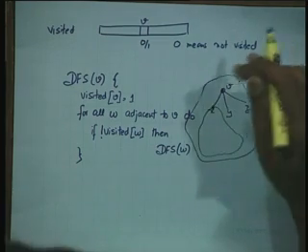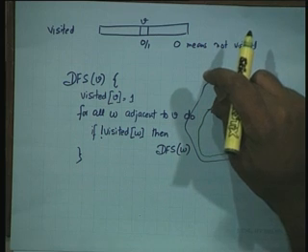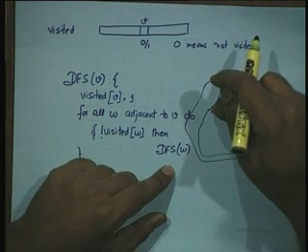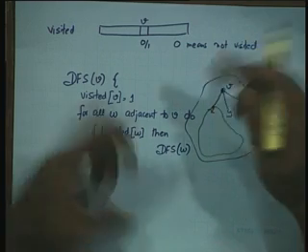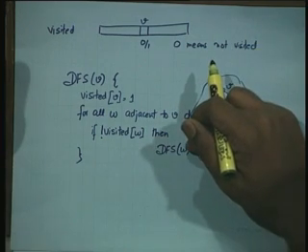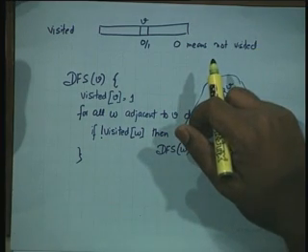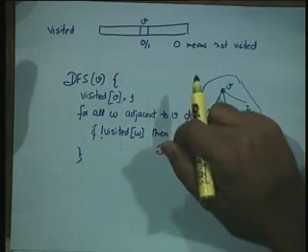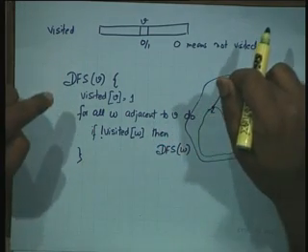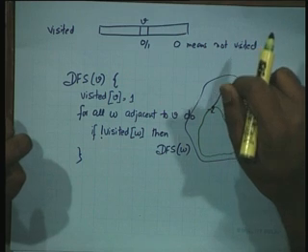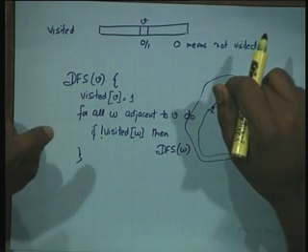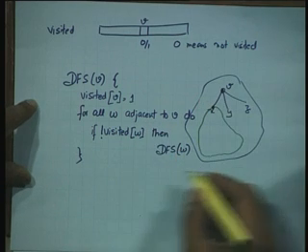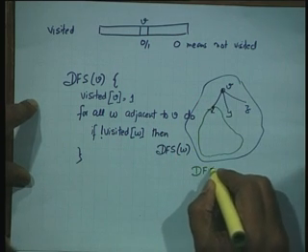But what is it that terminates? DFS on x. When DFS on x terminates, this recursive call terminates, where do we end up? We end up in the DFS of V, because this is the DFS which called DFS x.